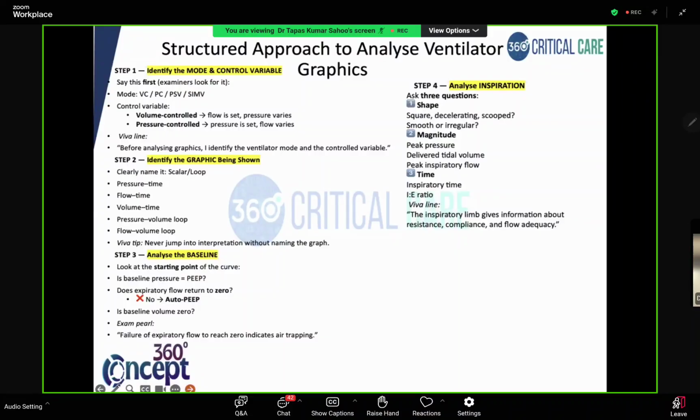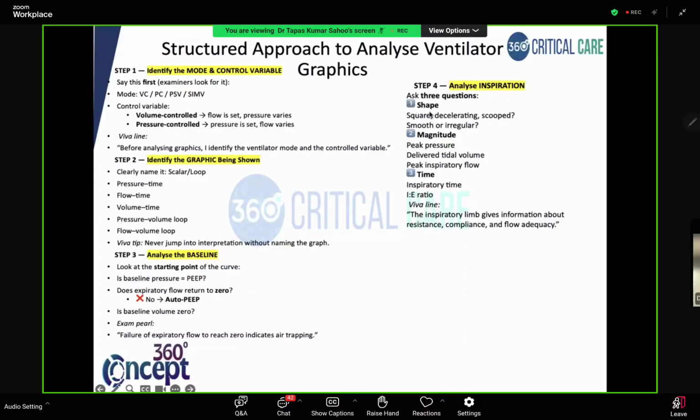Now for inspiration, you ask 3 questions. First, the shape: whether it is square, decelerating, scooped, smooth or irregular. I have shown you a few images that would guide you. You will get some of the troubleshooting there. Second, magnitude: in the inspiration you will get the peak inspiratory pressure, the delivered tidal volume, the peak inspiratory flow, depending on whether you are dealing with the flow-time, pressure-time or volume-time scalar. Third is the time: you will get the inspiratory time and the I:E ratio.